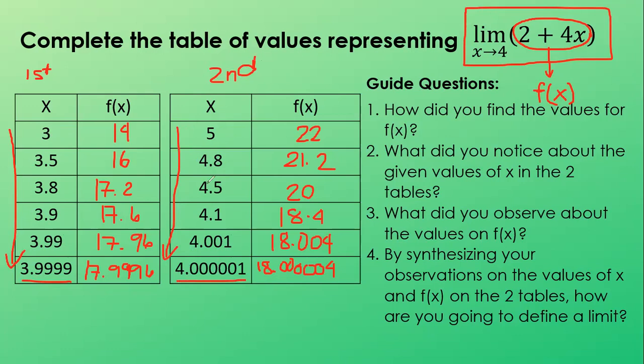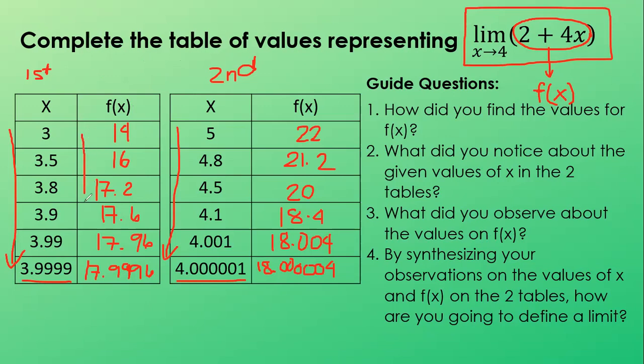So both tables. Now, on the other hand, what did we observe about the values of f of x? Okay, so sa first table muna, like the x values, it also approaches a certain value. Mapapansin natin, ayan, 14, 16, 17.2, 17.6, 17.96, 17.9996.